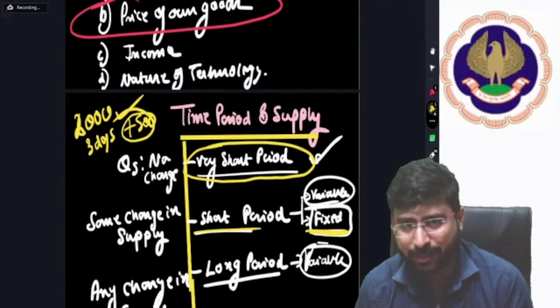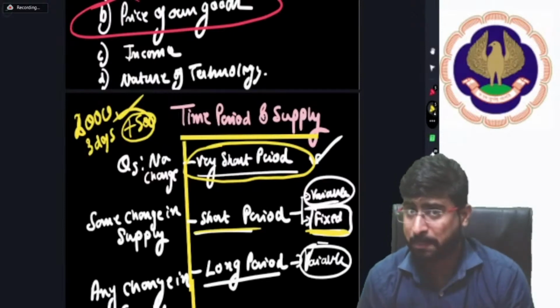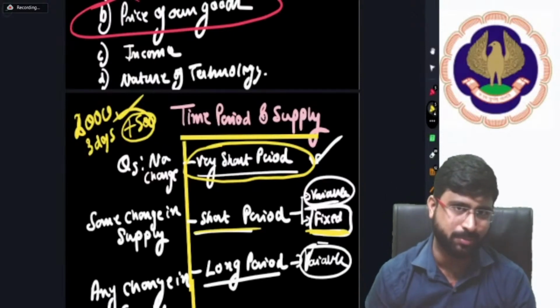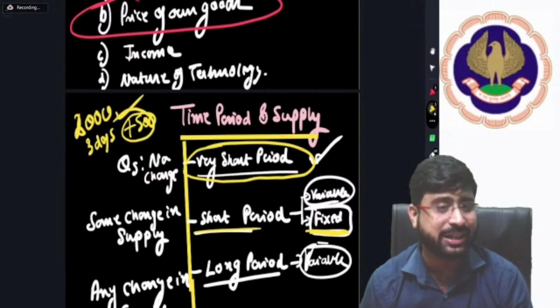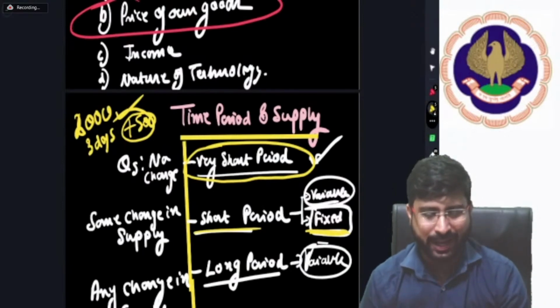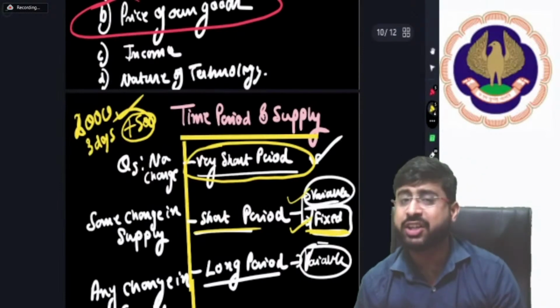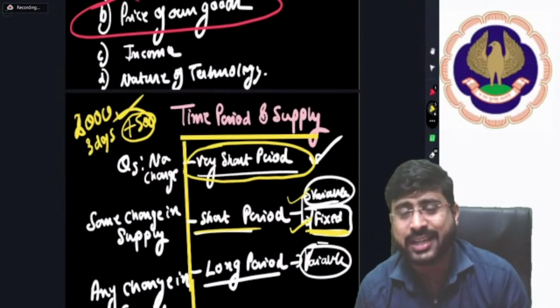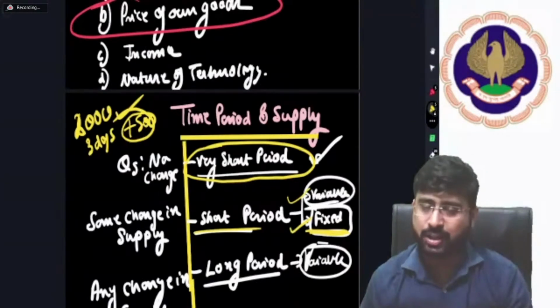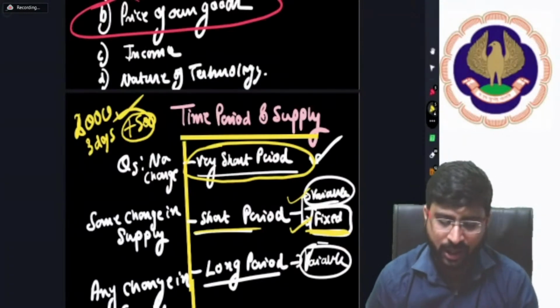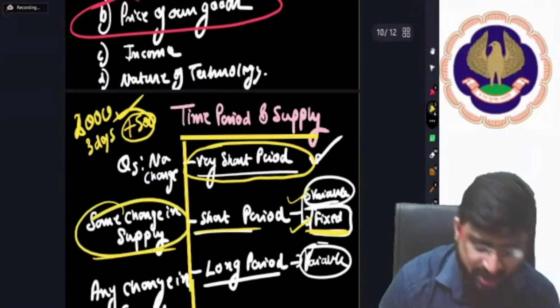For production, we need labor and we need machine. Machine cannot be increased in this 3-day period, but definitely labor can work overtime, and therefore some factors are variable, some factors are fixed. A fixed factor of production cannot be changed. A variable factor of production can be varied, and so there can be some change in supply.